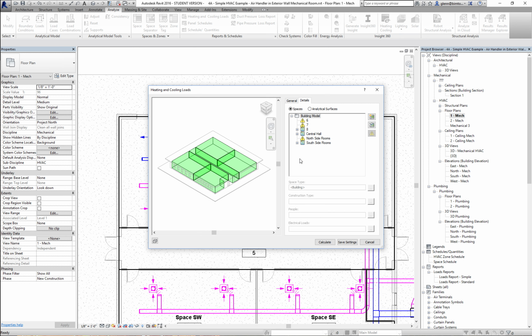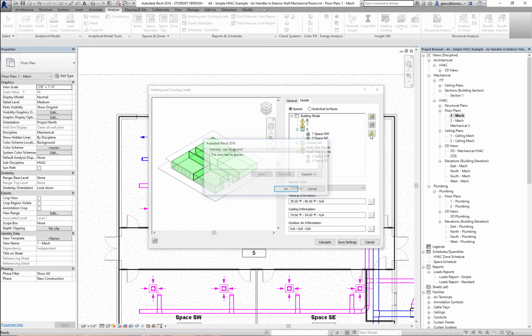Hey, that doesn't look good. I think this is going to warn me that basically there's a zone with nothing in it. We'll see what's happening there. This zone has been, well, I sort of got that.